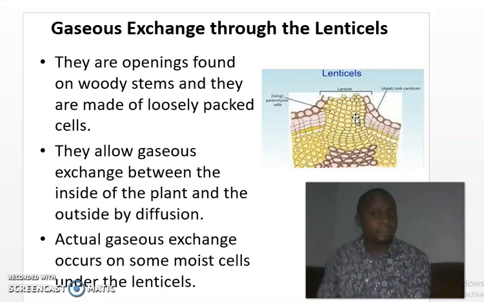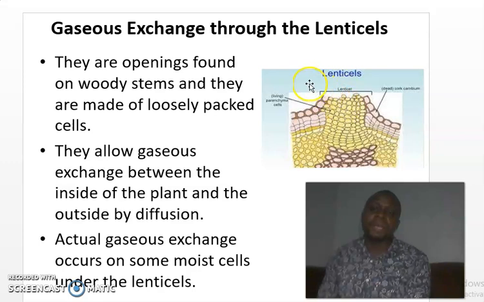During night, respiration occurs in these cells, hence producing more carbon dioxide. Because carbon dioxide is not used during night, it will be highly concentrated in these particular cells. Therefore, it will diffuse out through the lenticel. Also, oxygen is needed for the process of respiration.